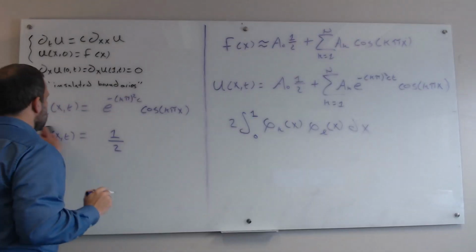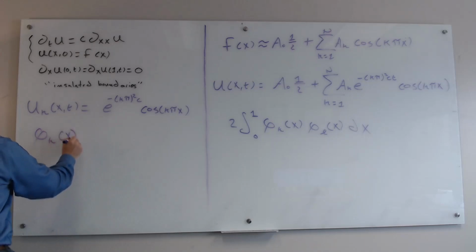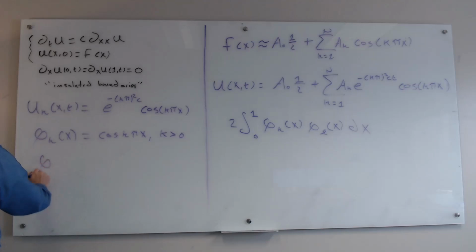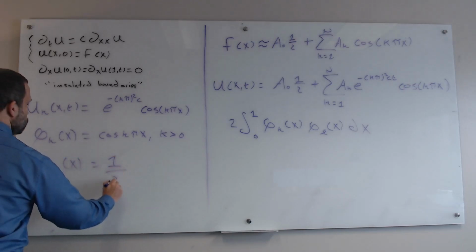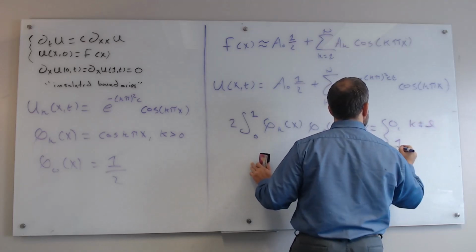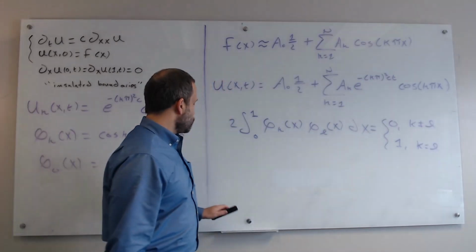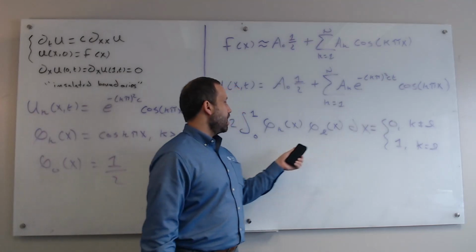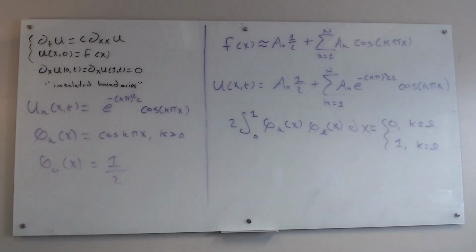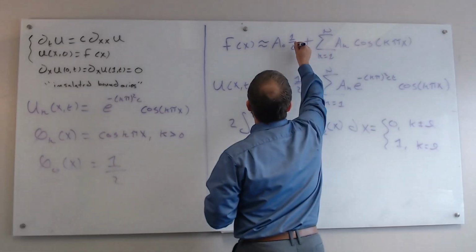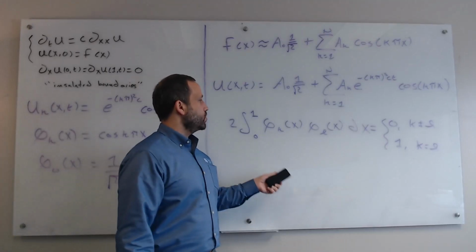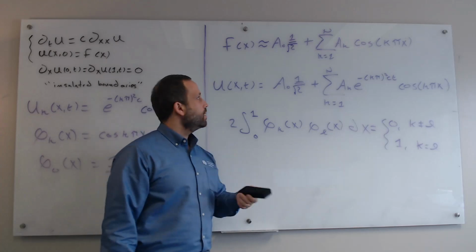Let me define phi k of x to be equal to cosine k pi x for k greater than 0, and phi 0 of x is equal to 1 over the square root of 2. I made a mistake earlier. This integral is equal to 0 if k does not equal L, and it's equal to 1 if k equals L. This is why we want phi 0 to be 1 over the square root of 2: 1 over the square root of 2 times 1 over the square root of 2 is 1/2, and then this integral is equal to 1.